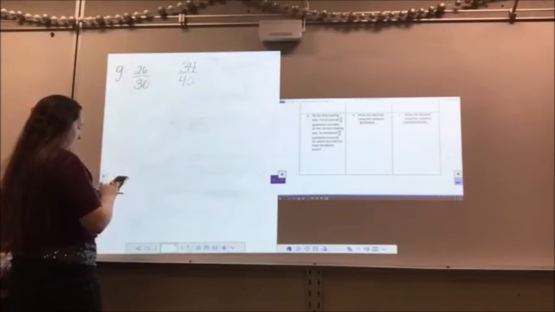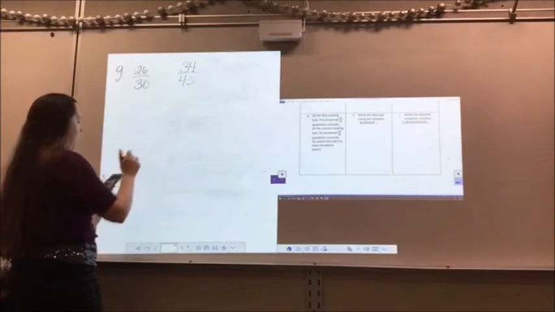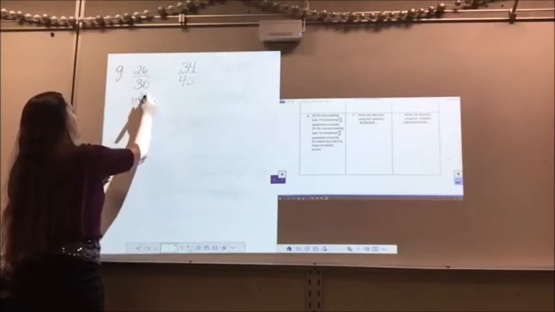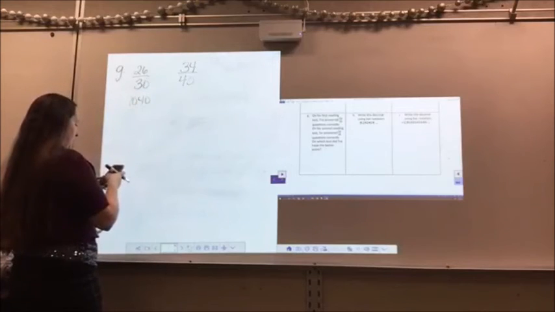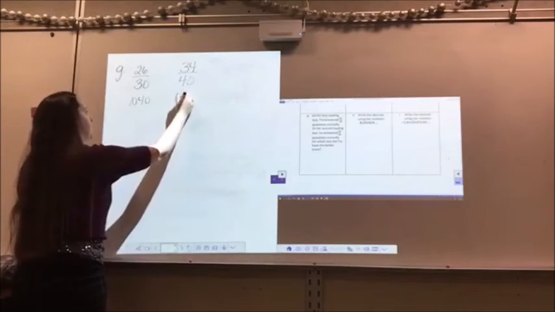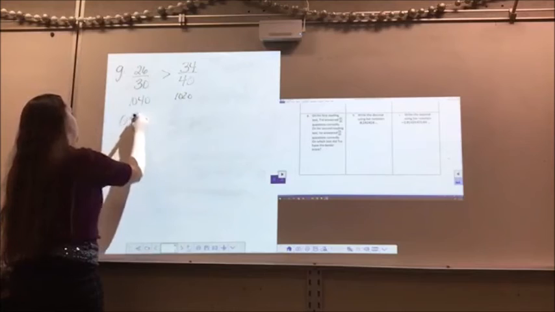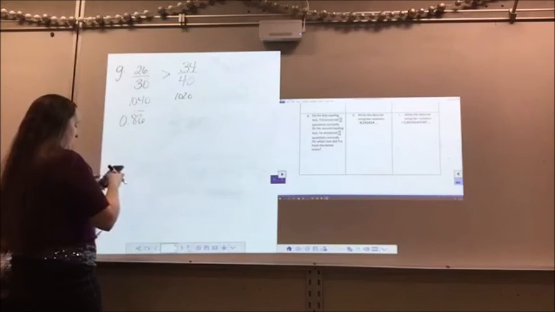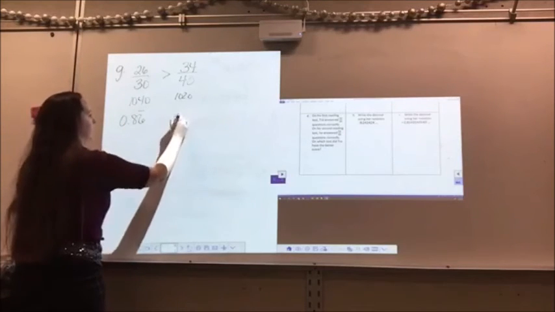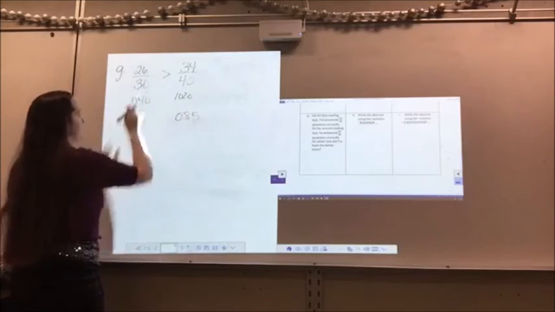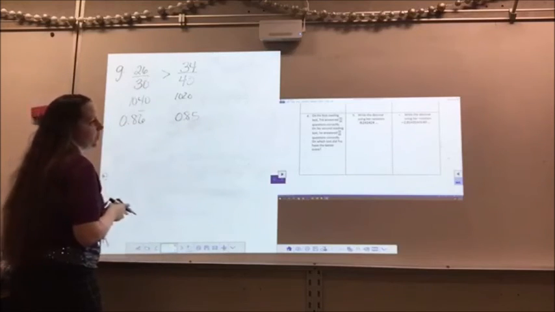If I multiply, I get 26 times 40, which is 1040, and then 30 times 34, which is 1020. So 26 out of 30 is better. This is 0.86 repeating, and 0.85. So the 26 out of 30 is actually the better score.